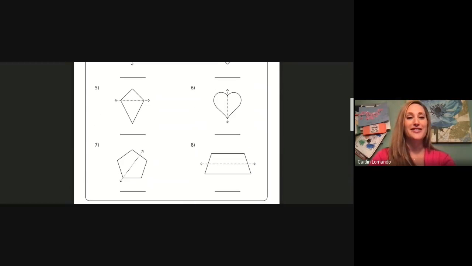Number 5, does that shape have a line of symmetry given? Yes or no? Let's pause and discuss. Image 6, does that image have a line of symmetry? Yes or no? Let's pause and discuss.